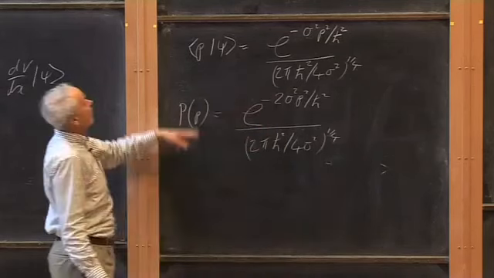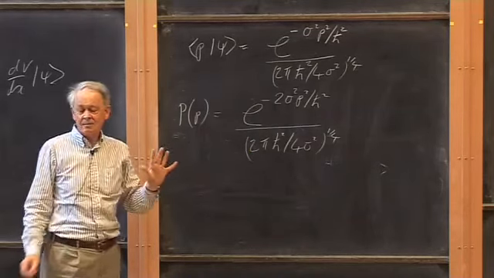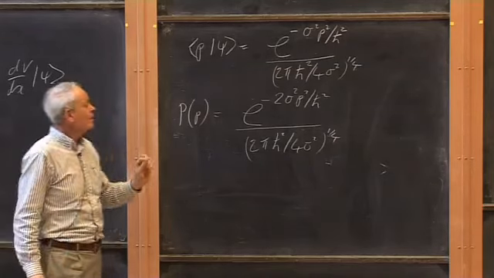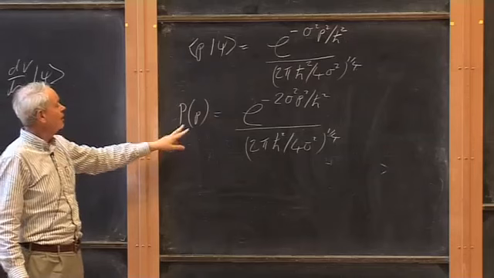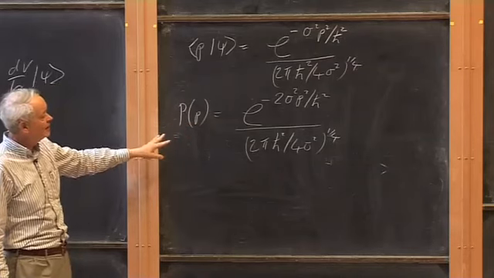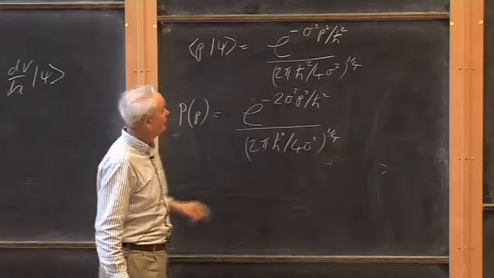So our probability in position in real space, we had the particle localized in a Gaussian distribution with a width sigma. It turns out from this calculation that the possible values of the momentum, the probabilities associated with different momenta, is also a Gaussian distribution centered on 0 in momentum.